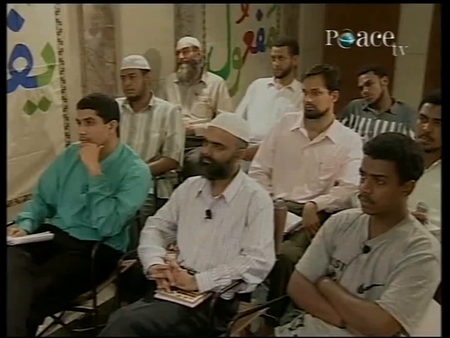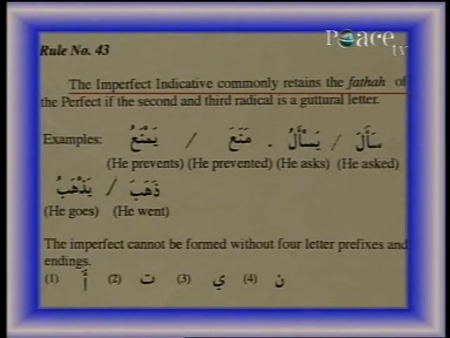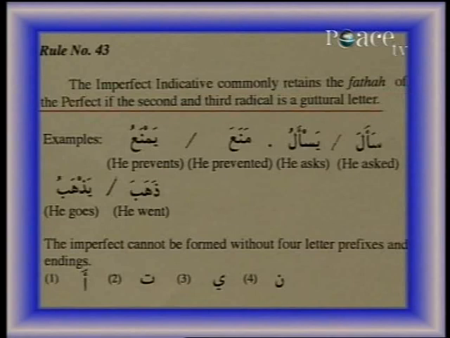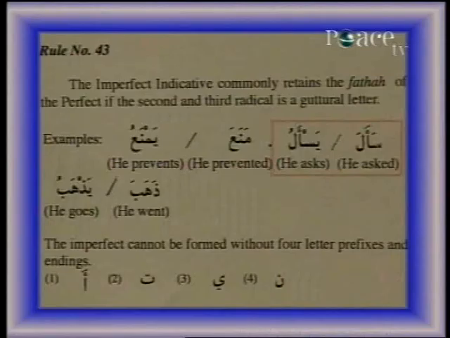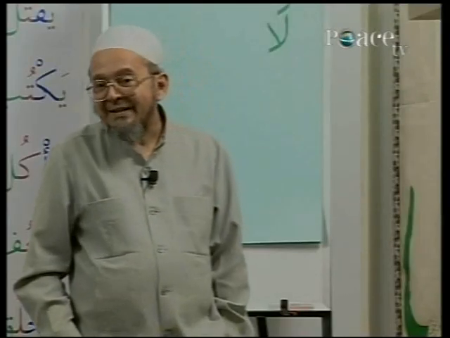Rule number 43. The imperfect indicative commonly retains the fatha of the perfect if the second or the third radical is a guttural letter. Sa'ala, yas'alu, he asked. Yas'alu, he asks. So hamza is a guttural letter. We have noted these six guttural letters in our script phase, which are what?